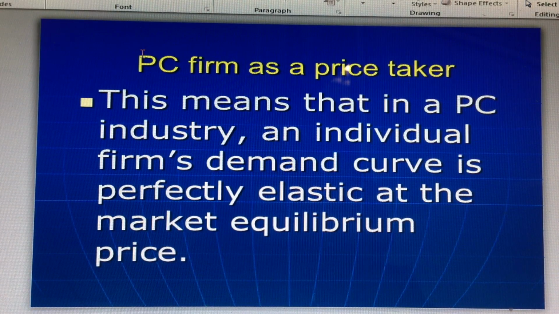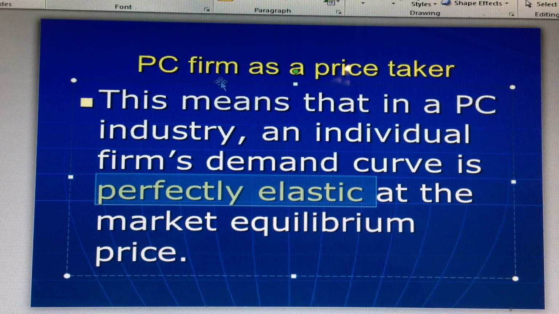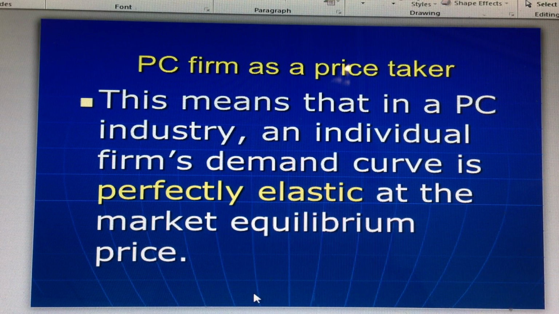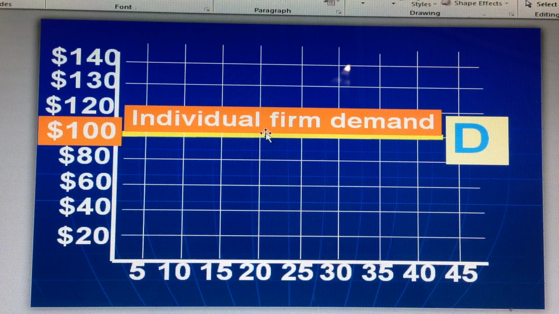So perfect competition, note now, this is perfect competition. Perfect competition firm as a price taker. I've already mentioned, in this case, it will be perfectly elastic. Perfectly elastic. So if we look at one firm, highlight this part, this is an individual.